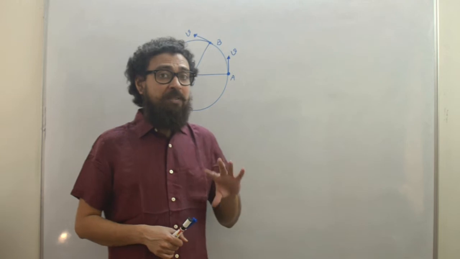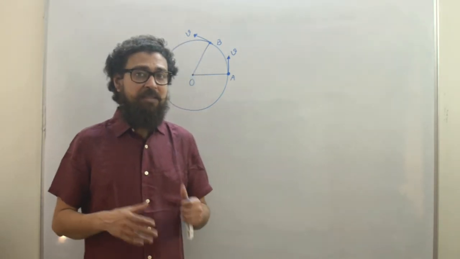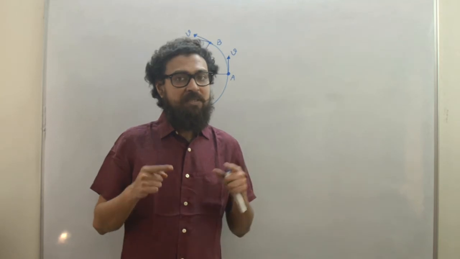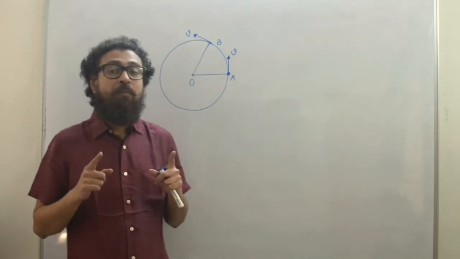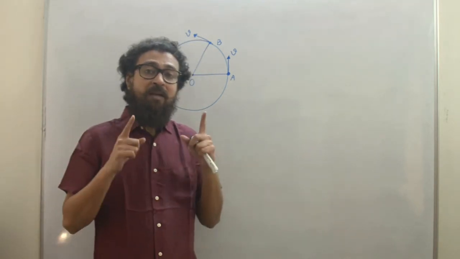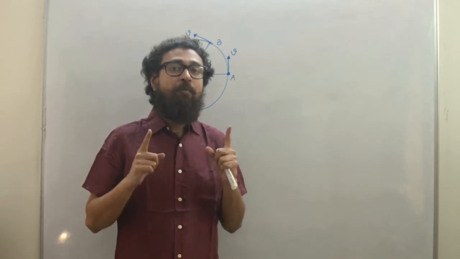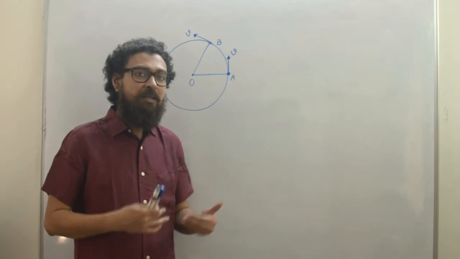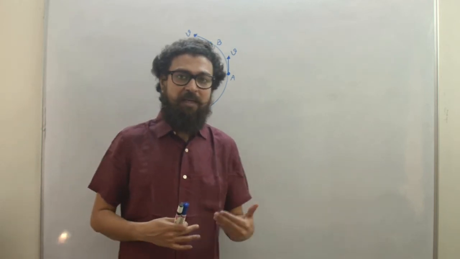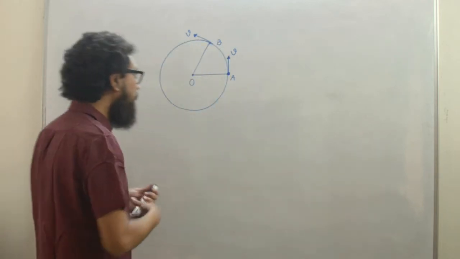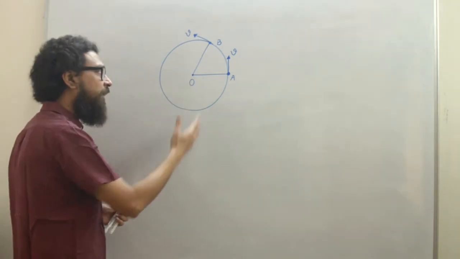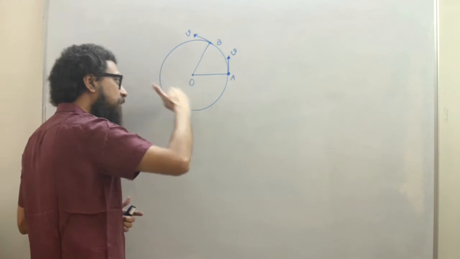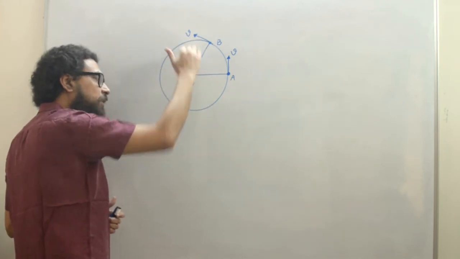But if it is not changing its magnitude but it is changing its direction, then also we have the same thing, and that is a change in velocity. And what happens when velocity changes? Eventually another physical quantity comes into the picture, and that is called acceleration. In this type of motion, the direction of velocity is constantly changing, and that's the reason why it follows this circular motion.